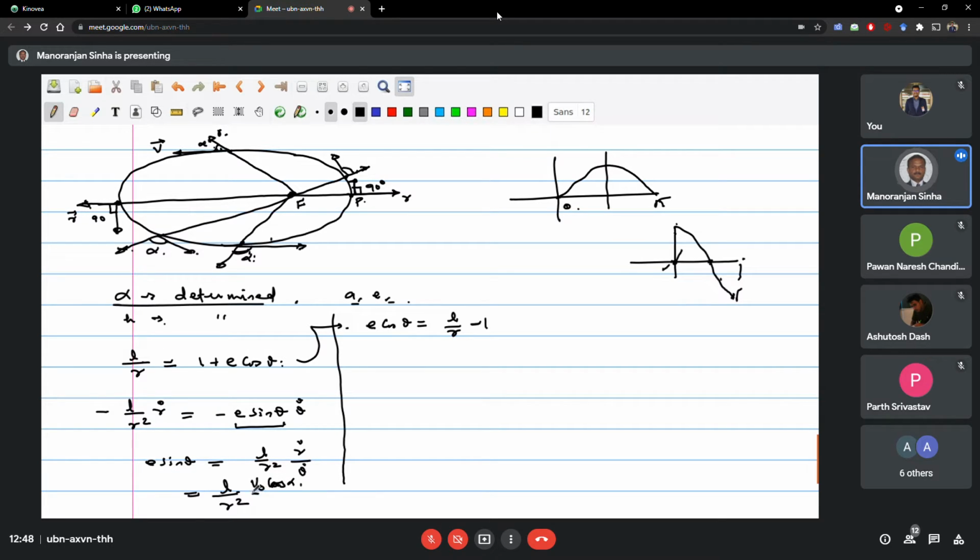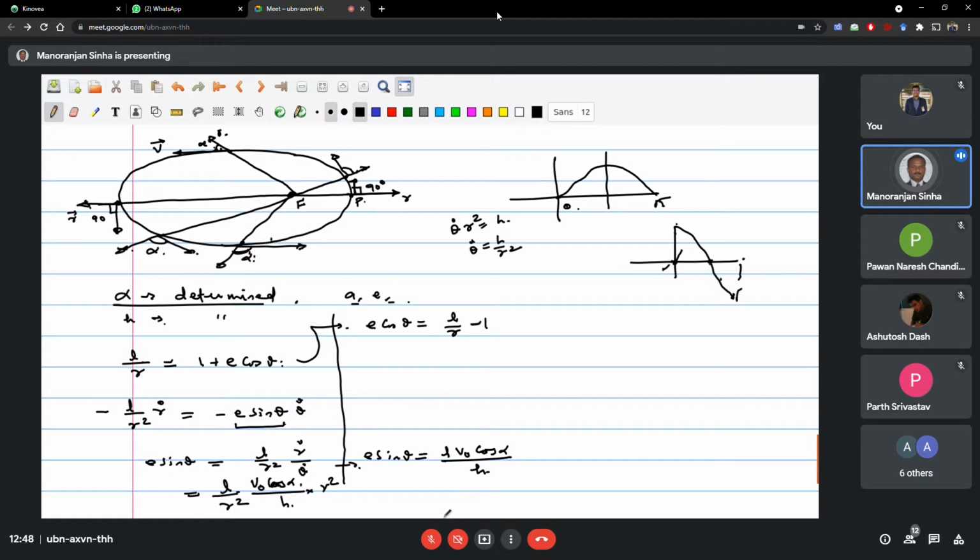Alpha we have already determined, and theta dot times R square is H, so theta dot is H by R square. Therefore we can write this as H by R square. So this gets reduced to E sin theta equal to L times V0 cos alpha divided by H.